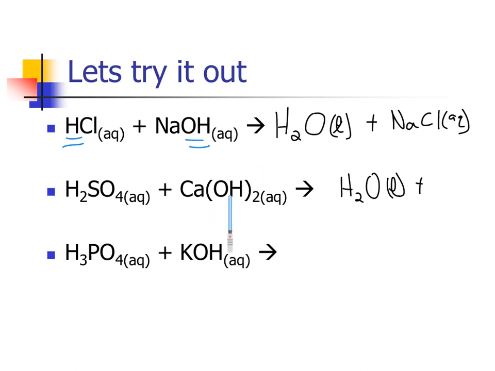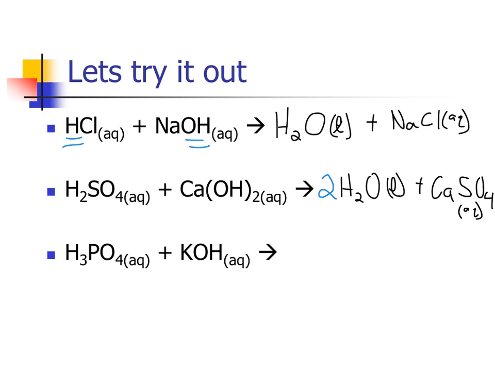That 2 came from the calcium in a reverse crisscross, and that 2 came from the sulfate in the reverse crisscross. And so we'll see the calcium and the sulfate form that, and that would also be an aqueous solution. I'll just write a little AQ underneath here. And so now we need to balance it out. Balancing it out shouldn't be too bad. We have 2 hydrogen here, 2 hydrogen there, and it makes 4, and 2 oxygen, which will mean that a 2 should balance out. And so it works out fairly nicely.